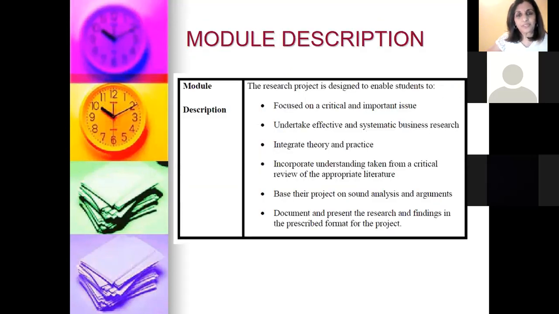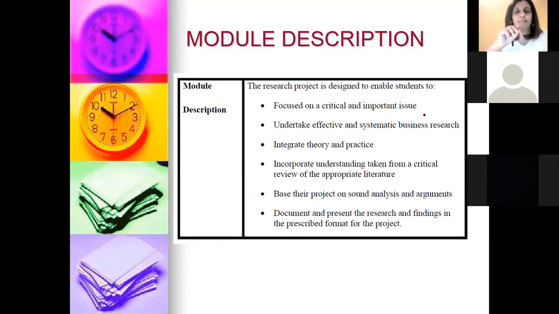This is the module description. What you are going to achieve by completing your research project. So the research project is designed to enable students to focus on a critical and important issue.